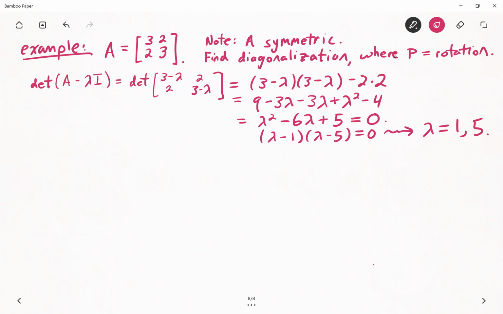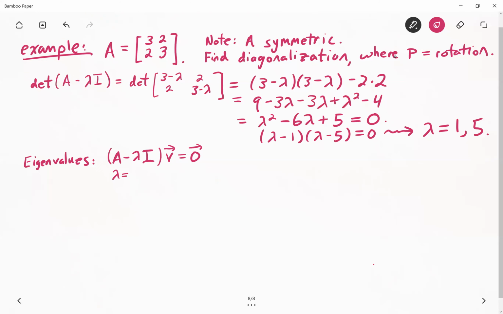Next, we'll find the eigenvectors. And so, as always, we have to solve A minus lambda I times the vector V is equal to the 0 vector. For this particular matrix, first we'll do the case where lambda equals 1.